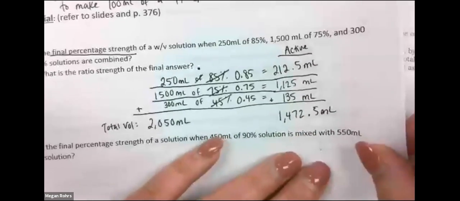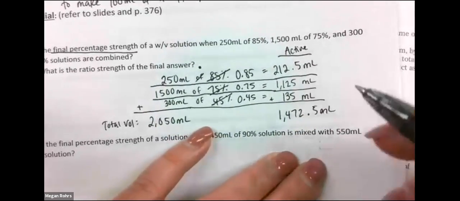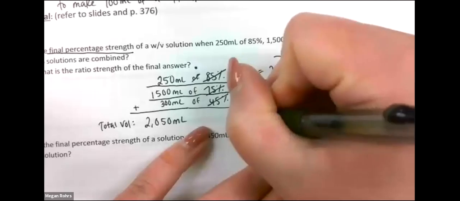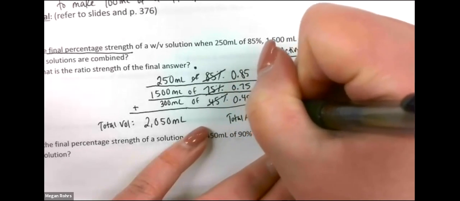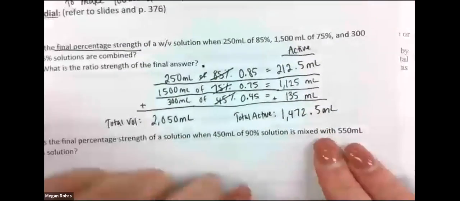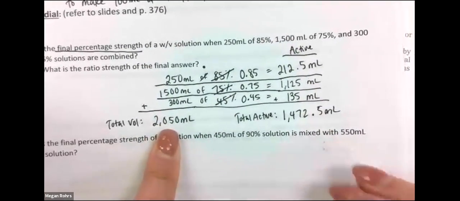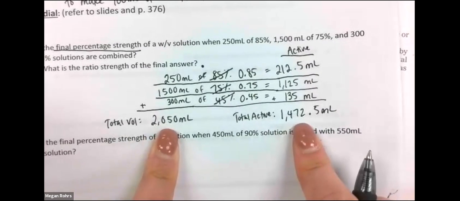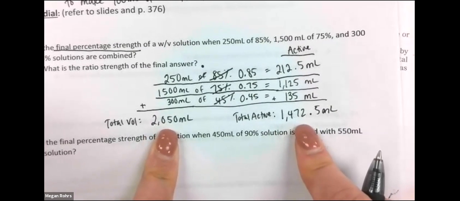And I know that that is my total active. So now I know that in my total volume here, this is the amount of that solution that will actually be active, okay?